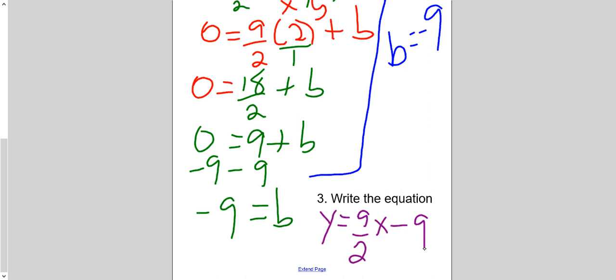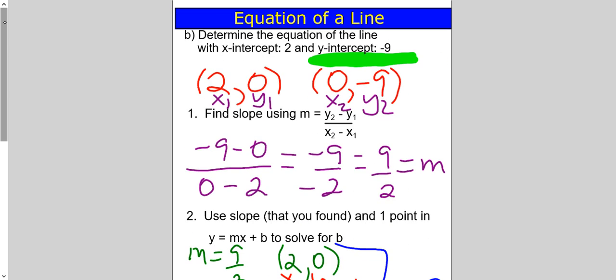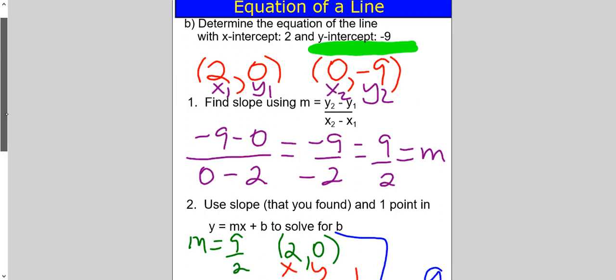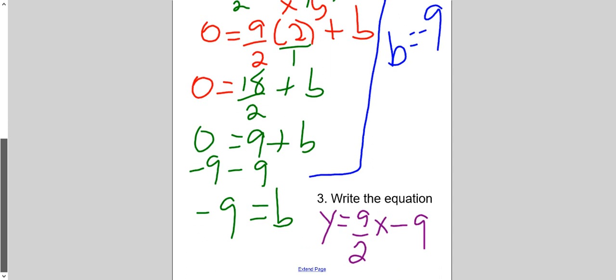Okay, so the only one that might have been a little bit tricky there was coming up with the 2 points to start with. But if you realize an x-intercept and a y-intercept are actually just points, then this question wasn't that difficult at all.